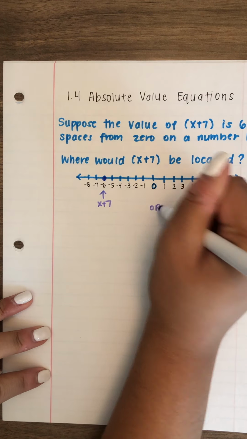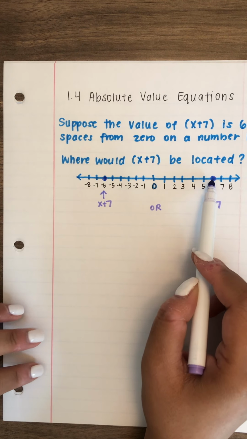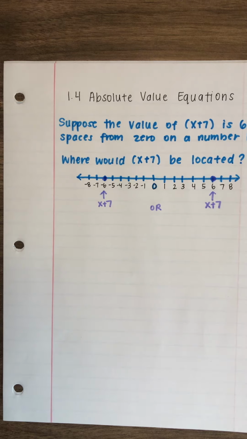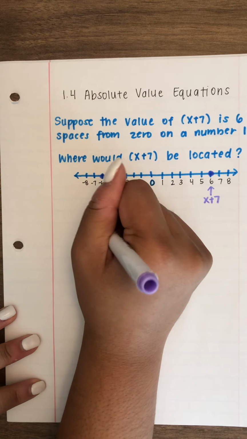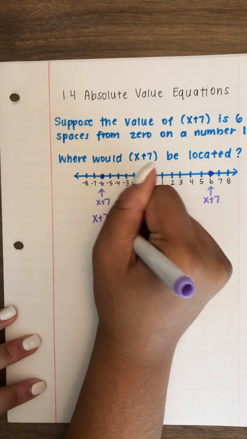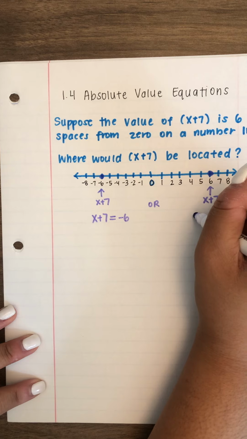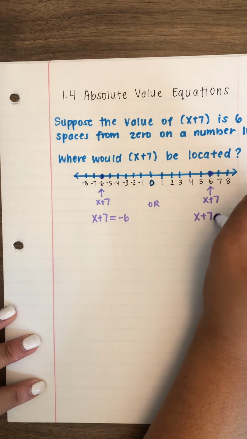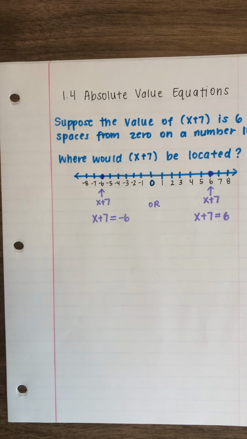So x plus 7 can either be -6 or it can be 6. And when we say something is in math, we're going to be using the equal symbol. So x plus 7 is equal to -6, or x plus 7 is equal to +6.